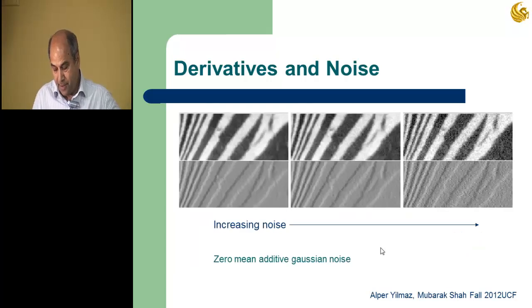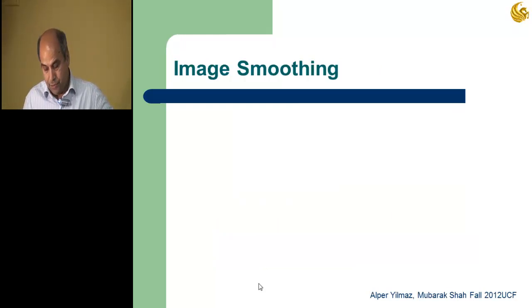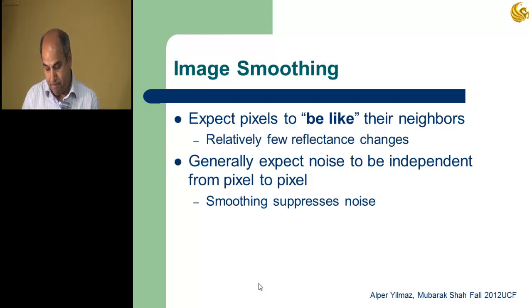So this gives you an example of an image. We can artificially add different noise. As you see, it's becoming noisy, and this is another image like that, and we are adding Gaussian noise with zero mean with increasing sigma. Now getting back to smoothing, we want to smooth the image to remove noise so that the pixels look similar to their neighbors, and smoothing will suppress the noise.